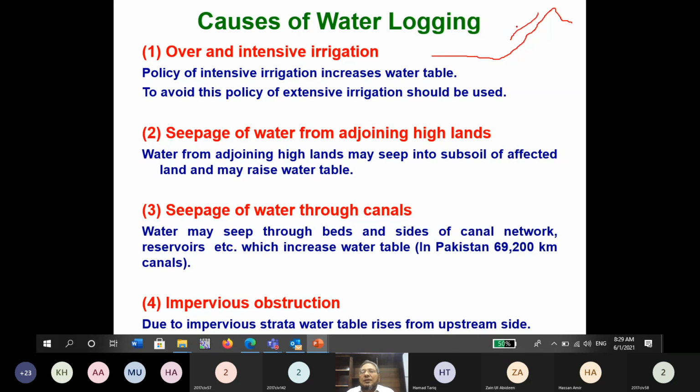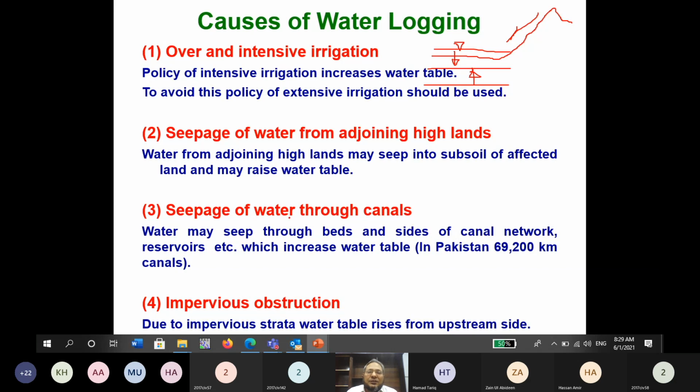Whenever there is rainfall, the water will come here, and that will infiltrate into the ground, and then the water table, if it was here, will come up, and may cause waterlogging. Why do we say waterlogging? Because this water table will disturb the growth of the plants and crops.